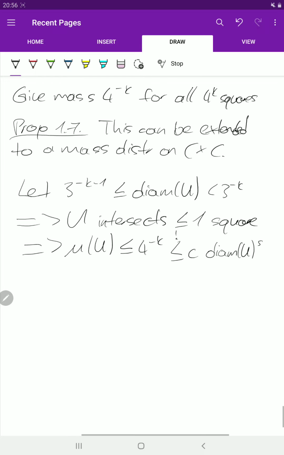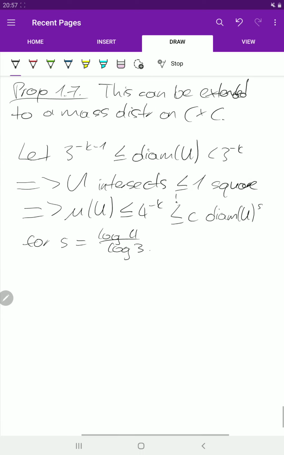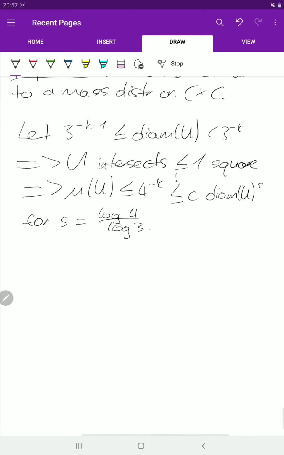And of course our s here should be log 4 over log 3. Okay, that's what we want to show. And now let's take the diameter of U to the log 4 over log 3.